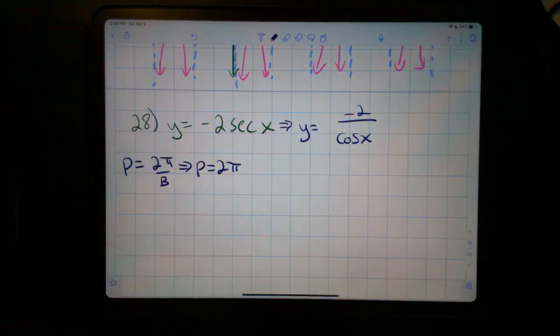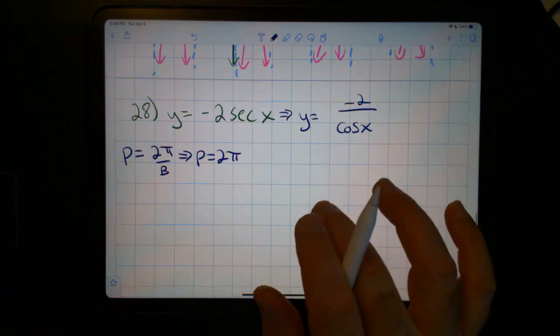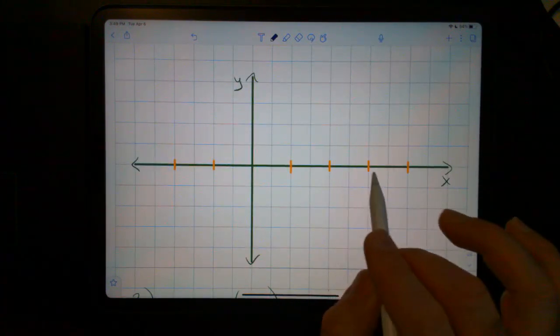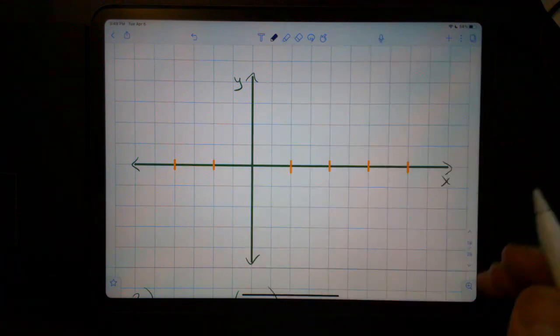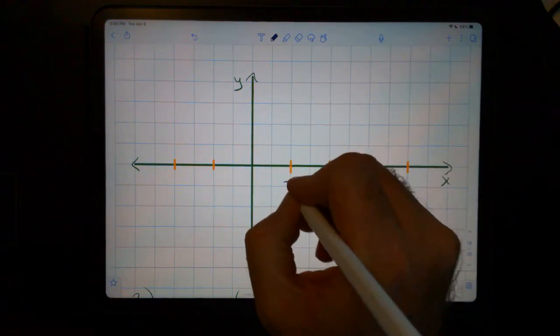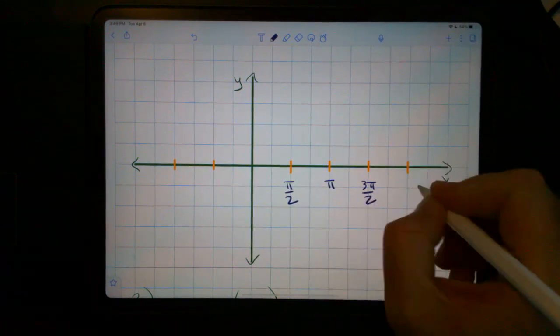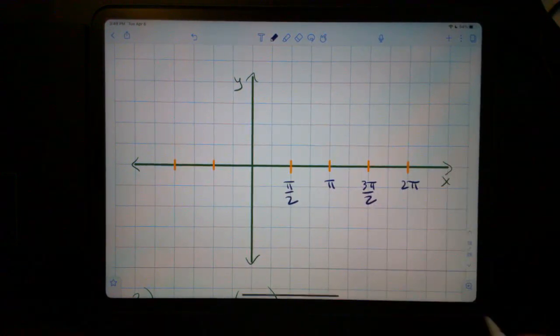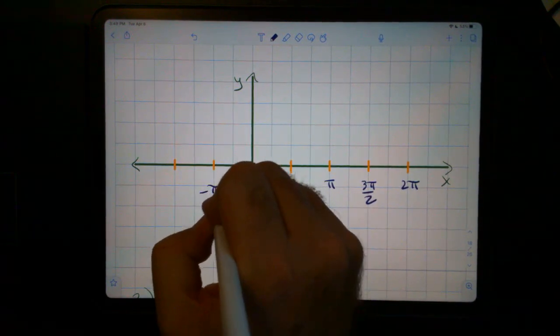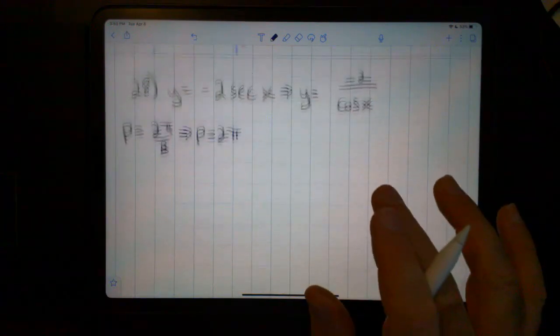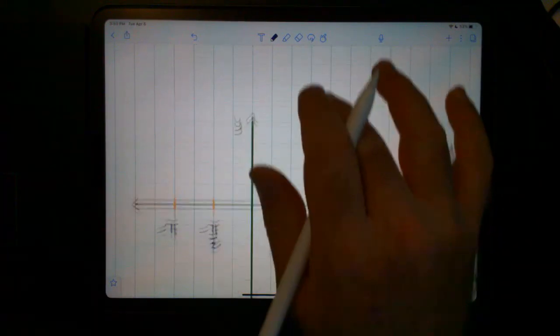Since our b is 1, our period is going to be 2 pi. So let's go with our amplitude is -2.